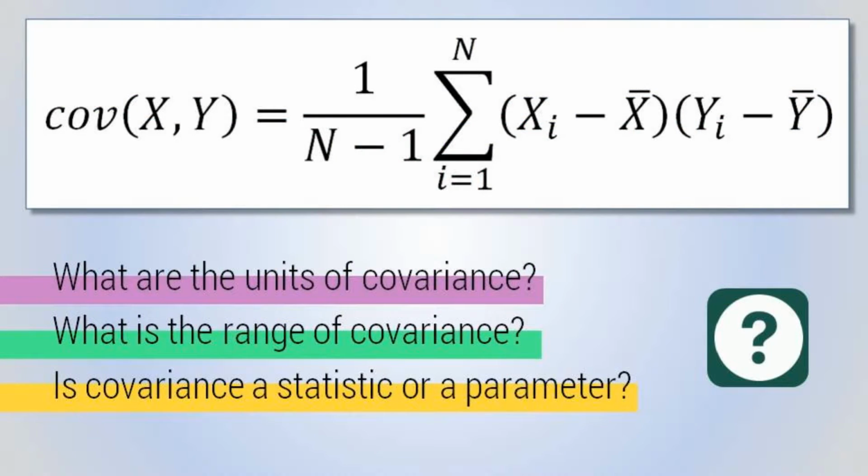Covariance is a really interesting value. One thing, what in the world are the units of this thing? As it happens, you can work through it, and the units of the covariance are kind of peculiar. Whatever the units are of your first random variable, and whatever the units are of your y, your second random variable, covariance has units of the two multiplied by each other.